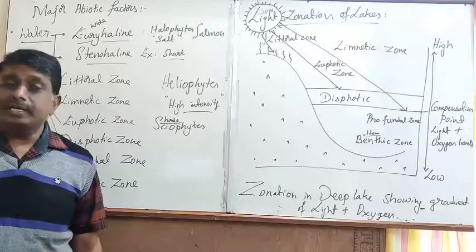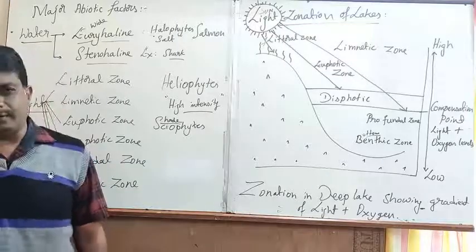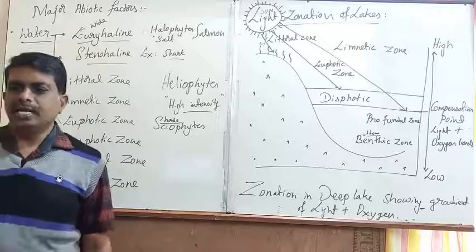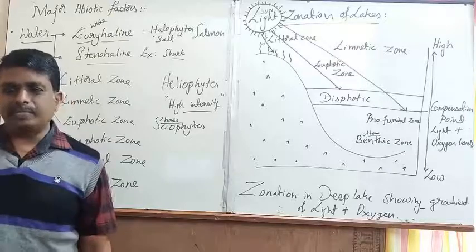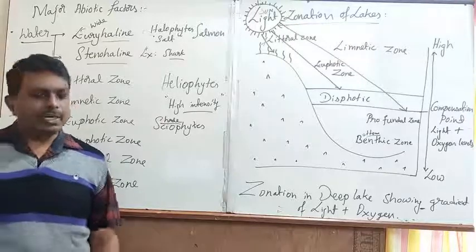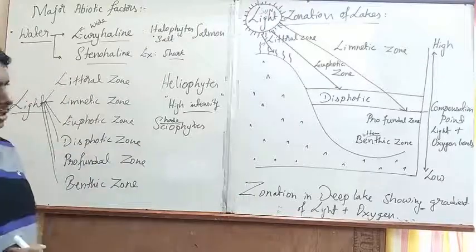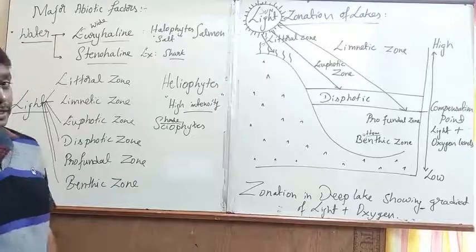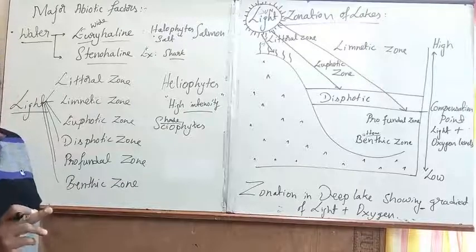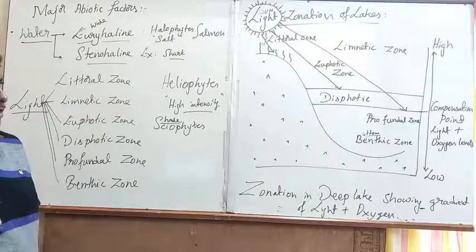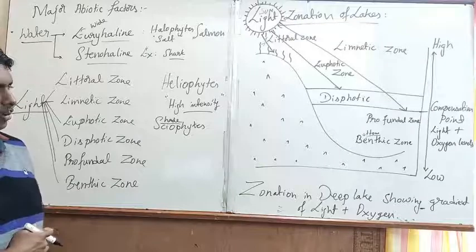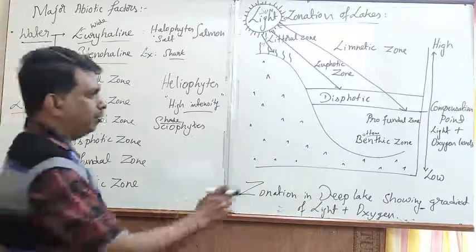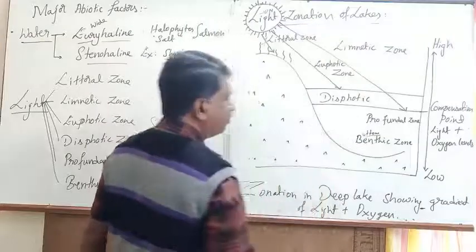It receives diffuse sunlight, below the light compensation point. Up to the dysphotic region, you can expect the penetration of light. Below that, you can find two important zones, namely the profundal zone and the benthic zone.